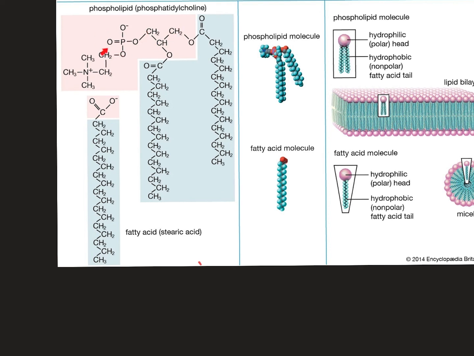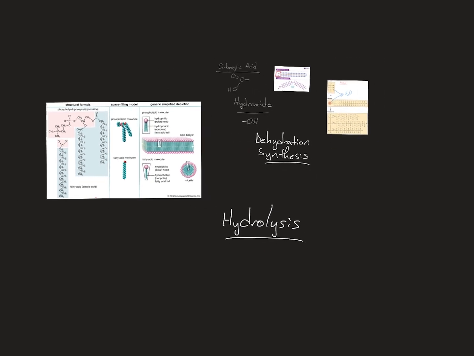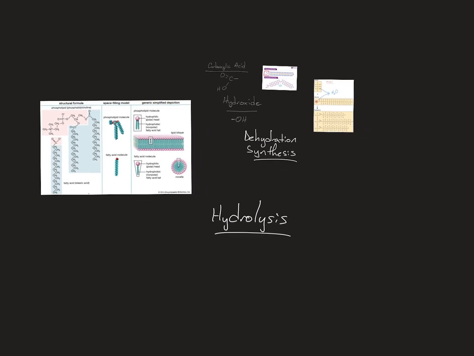This carbon's attached to phosphate. The carboxylic acid got kicked out with its fatty acid, and the phosphate head took over. All right. So that's the basic biochemistry of phospholipids and basic lipid structure.